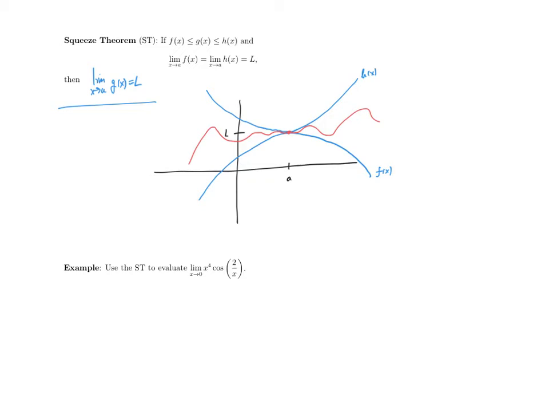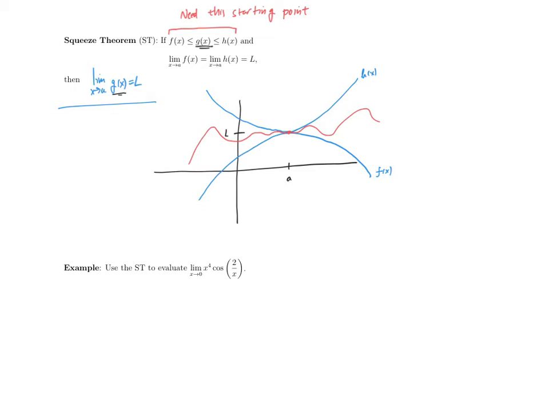Now, the difficulty that we encounter many times when we're applying the squeeze theorem is we really need these inequalities as a starting point. As we will see in our next example, what we will typically have is this function g whose limit we want to evaluate.